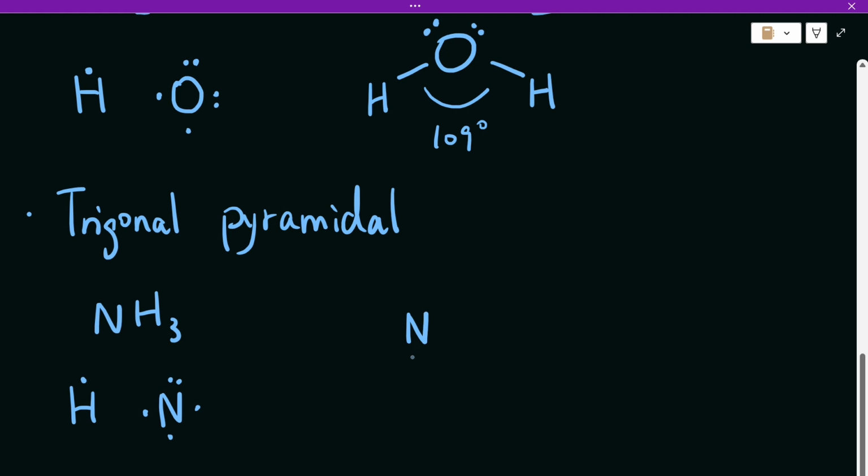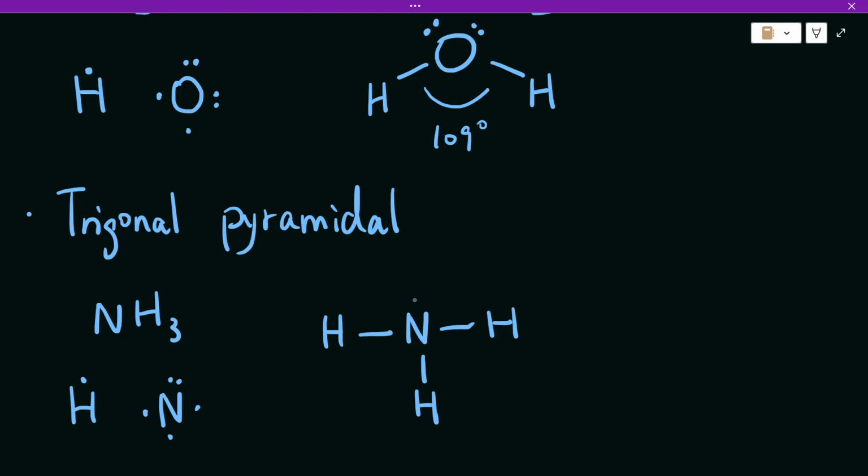Therefore, the nitrogen atom has a higher bonding capacity, which again means that this atom has more available bonding electrons, and it will be placed in the middle as the central atom. And the three hydrogen atoms will be placed around the nitrogen atom. So this intuitively would be the Lewis structure.